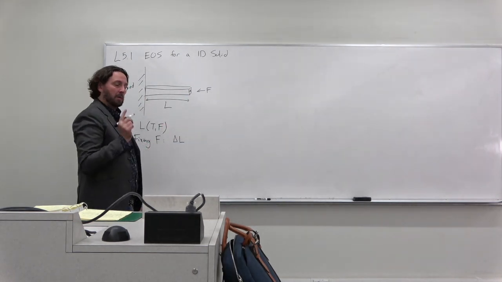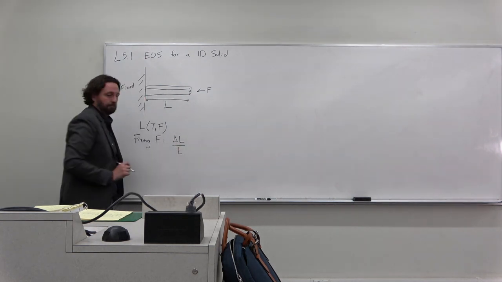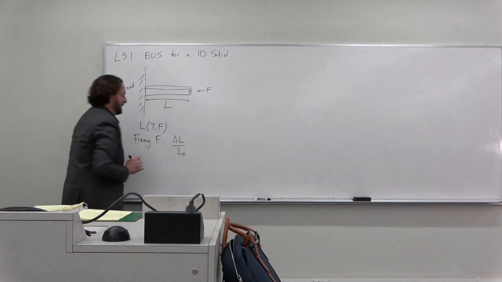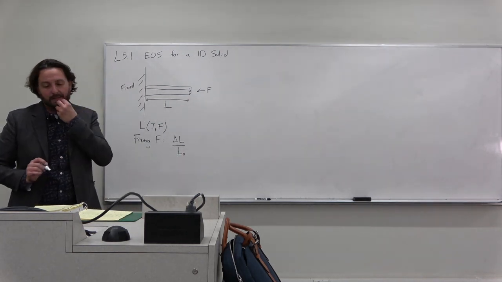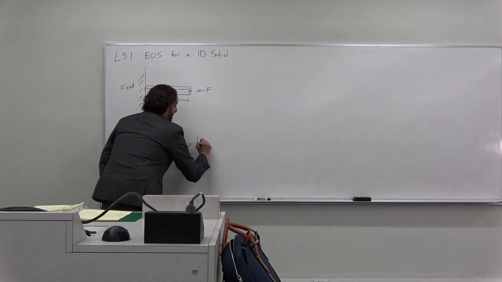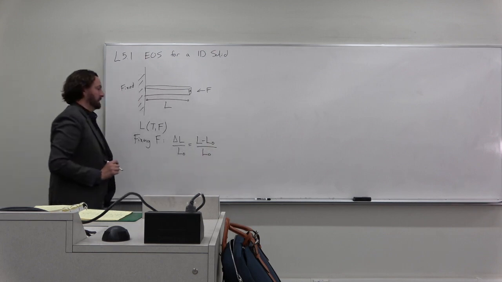Right? So it's actually also going to depend on the length of the bar. Okay? Sorry, and what I really mean is the initial length of the bar. So L0. So this is L minus L0 over L0.